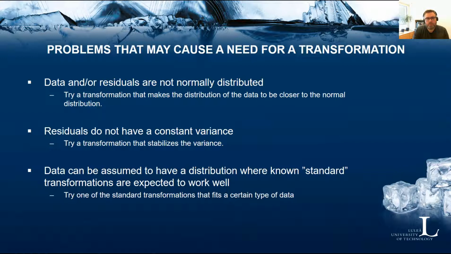Residuals may also not have a constant variance, so we'll try to use a transformation to stabilize the variance. And we also have some situations where the data is assumed or can be assumed to come from a distribution where we have known standard transformations that are expected to work well. And then we can try one of those standard transformations to see if this improves the situation in the residual analysis.